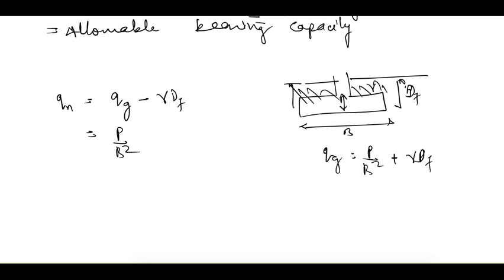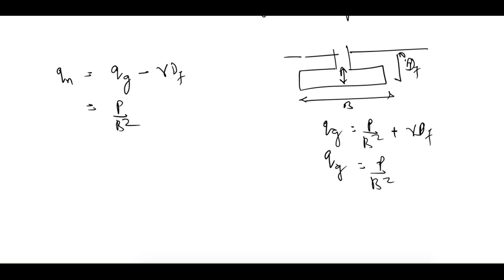Now if I say that after constructing the footing we do not place back this soil, then what would be the Qg? Qg would be equal to P by B square, because in the total load only this excess load is there. So Qg is P by B square, and Qn would be equal to P by B square minus gamma Df.